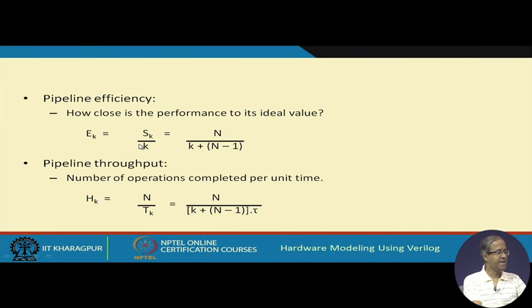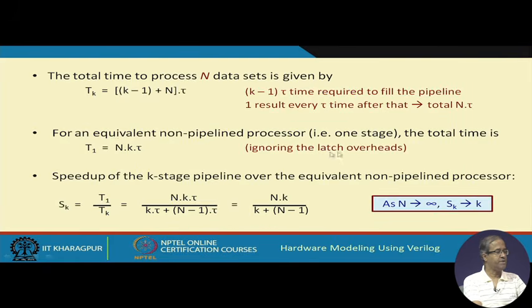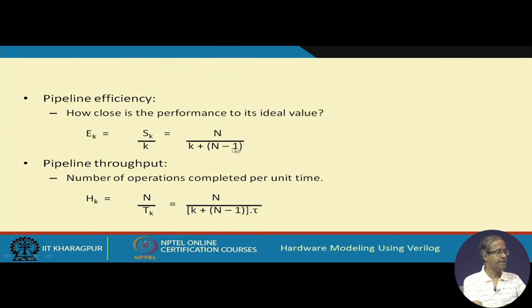You see, k is the maximum possible speed up and Sk is the actual speed up. So, you see your actual thing is k minus 1 plus n, right, into tau, and this is n. So, if you just divide it up, this is defined as the pipeline efficiency.